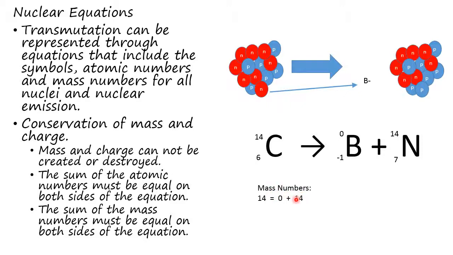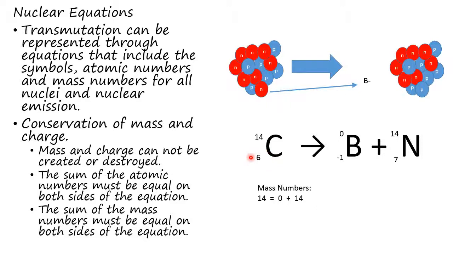And this makes sense. 14 plus 0 equals 14. And so mass is conserved. We did not create or destroy any mass. The mass on this side, the reactant side of the equation, is equal to the mass on the product side of the equation. And so now we can also analyze the atomic numbers on the bottom and see if we have also conserved charge.